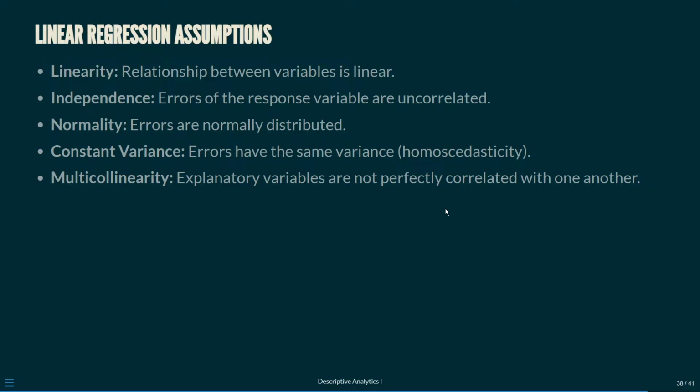Fourth is constant variance. Errors have the same variance, or homoscedasticity. And multicollinearity. Explanatory variables are not perfectly correlated with one another. Sorry, for independence, this means that there is no correlation between the errors of the observations, whereas multicollinearity expresses that there should be no collinearity between the independent variables.